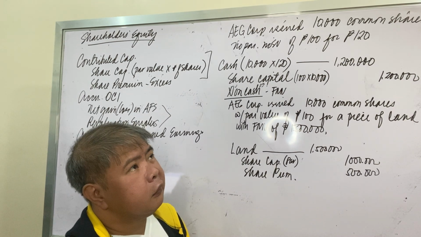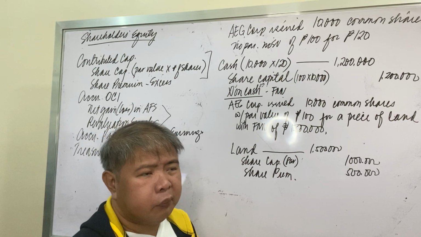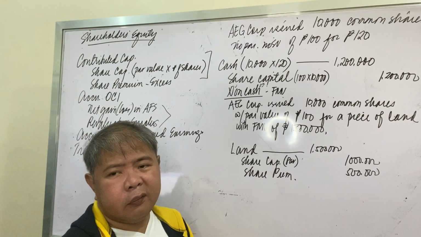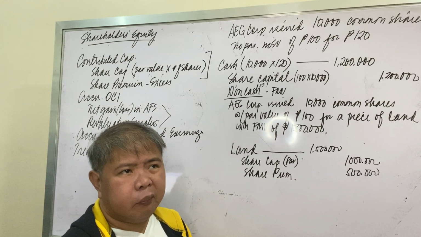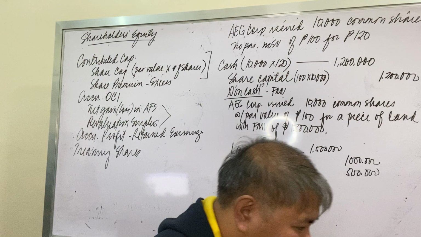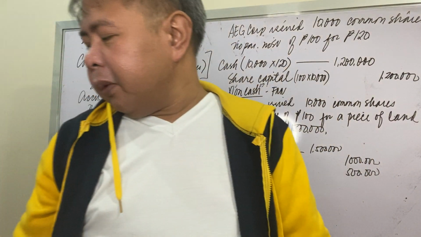Now, what if a shareholder purchased two types of share capital, that is the preference and the common? How are we going to deal with that? Remember, in the case of a basket purchase, like in fixed assets, we allocate the basket price among the assets involved in the transaction.